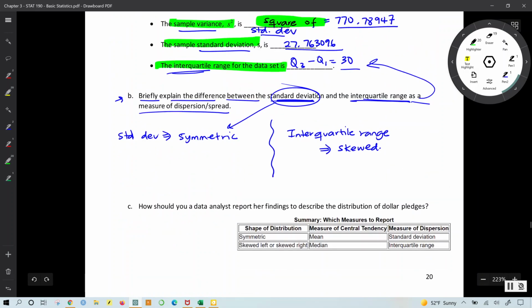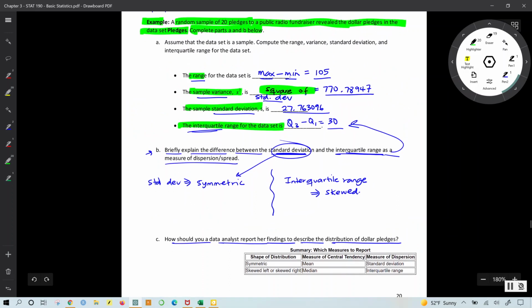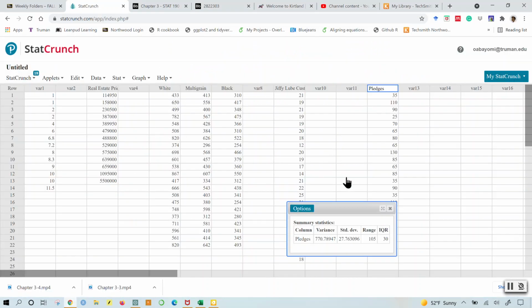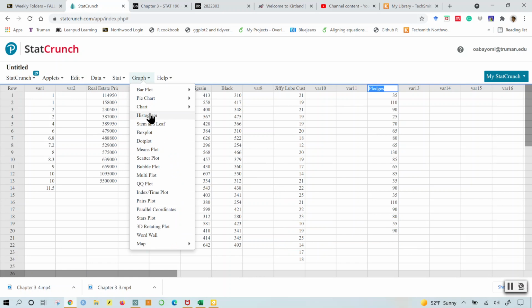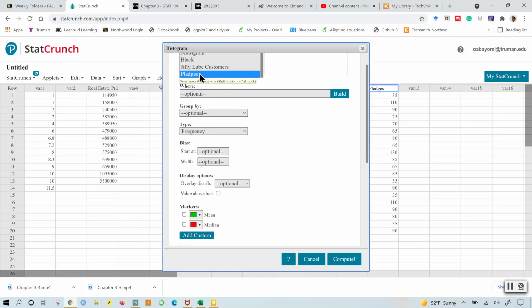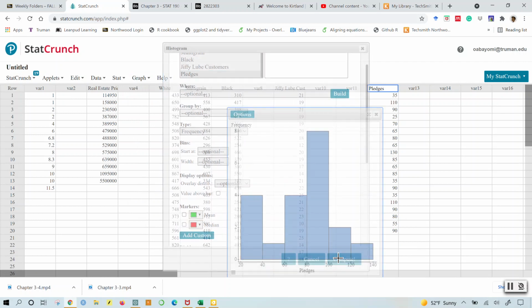Then, how should you, a data analyst, report your findings to describe the distribution of dollar pledges in this data set we have considered? To describe the distribution, my first step would be to go back to StatCrunch. I'm going to close this, and I'm going to graph using a histogram the variable pledges, compute.